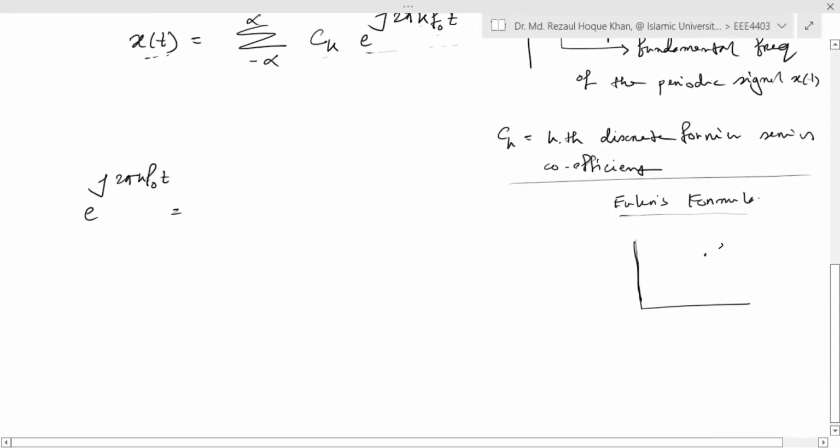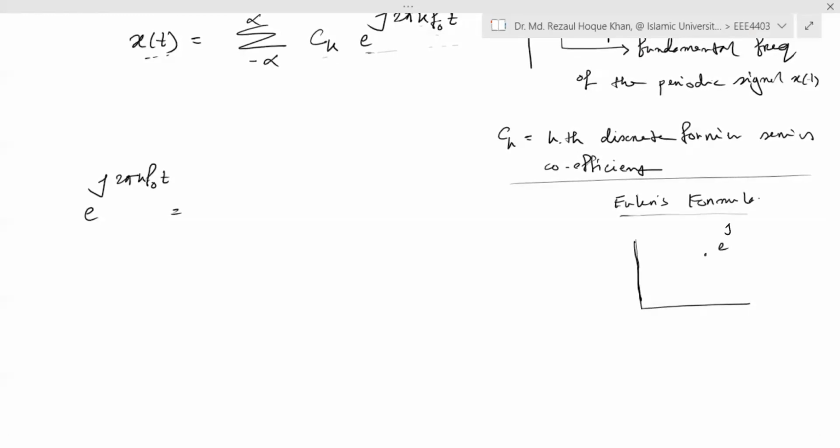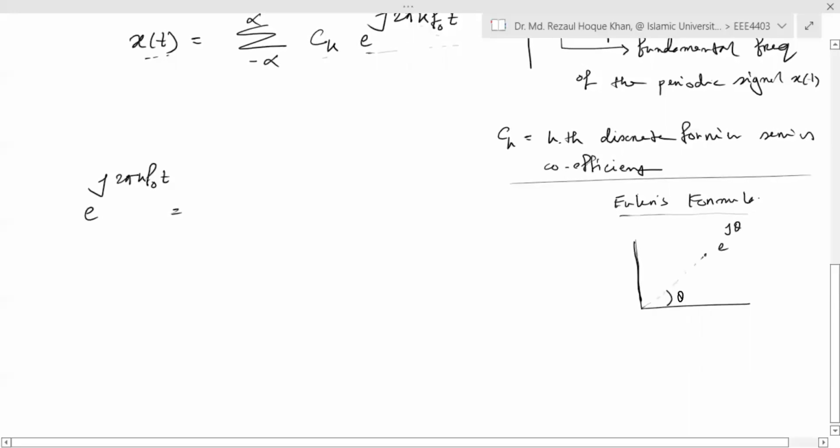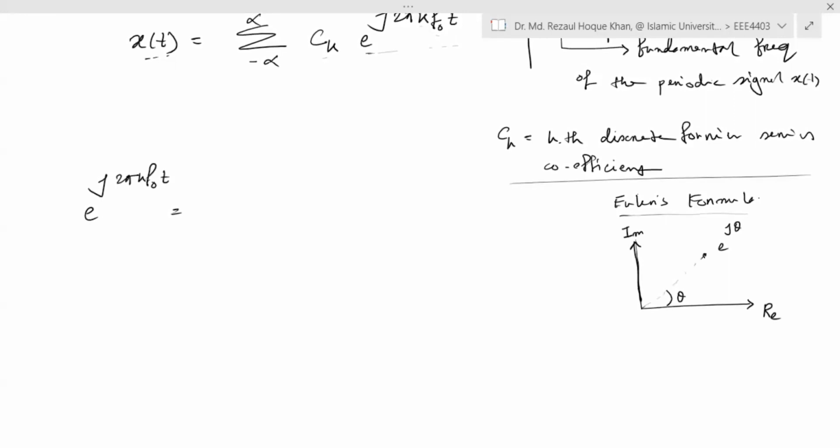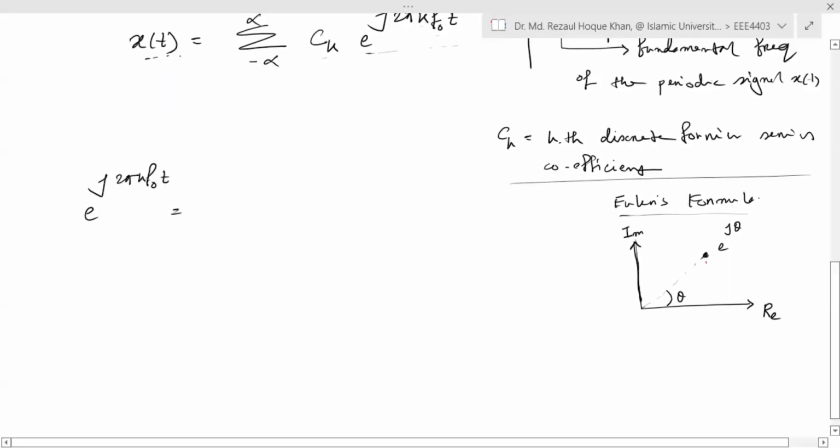Here this is e to the power j theta. This angle is theta. The x-axis corresponds to the real part, and the y-axis corresponds to the imaginary part. This is the cos theta part, and this is the sin theta part.